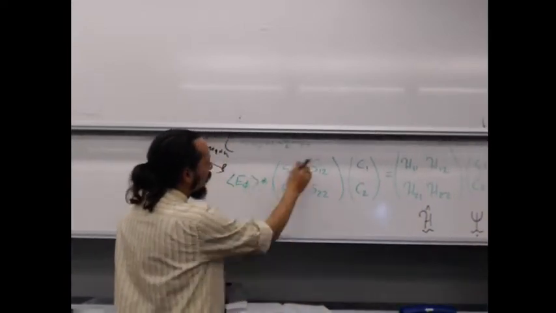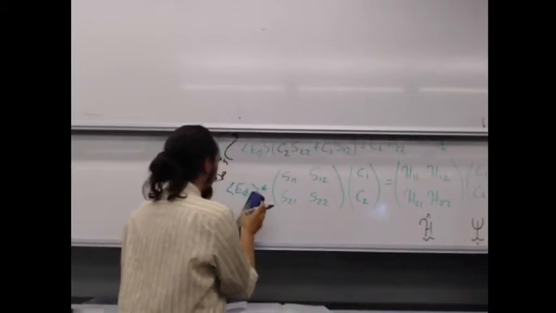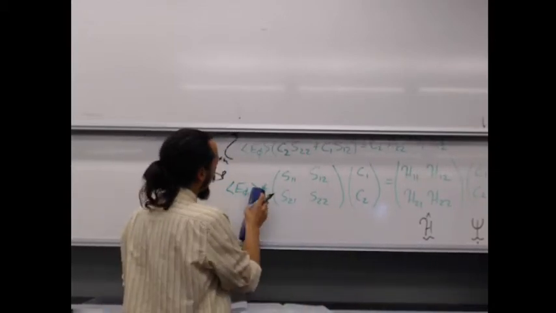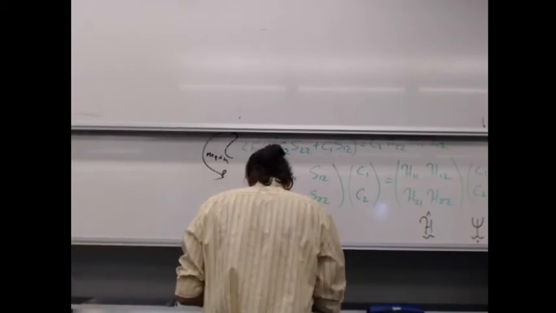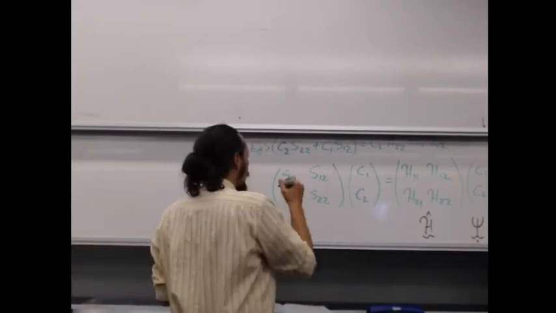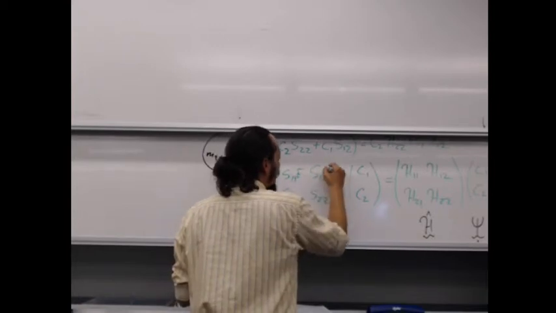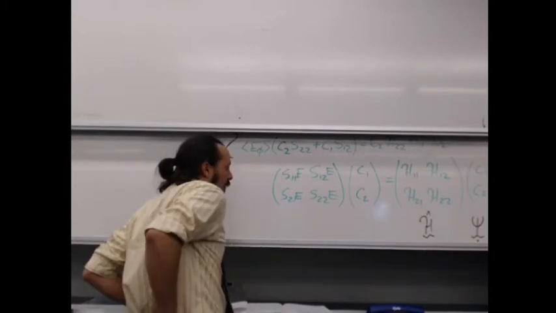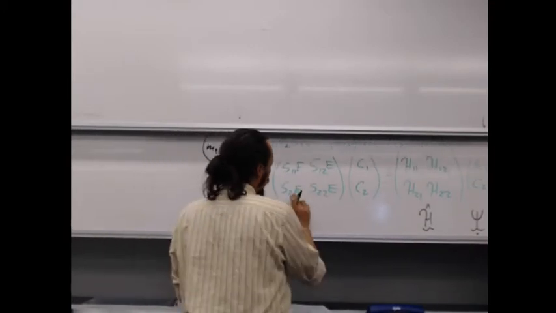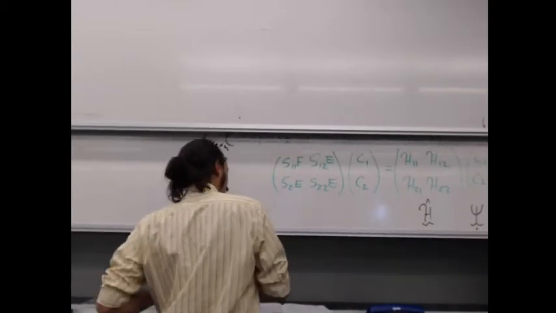If I multiply this E through, we can actually look at this way. I can look at this like I've got an E times each of these.